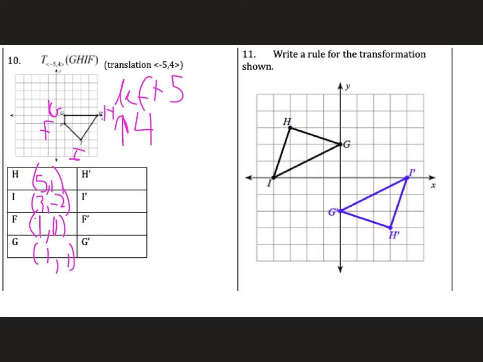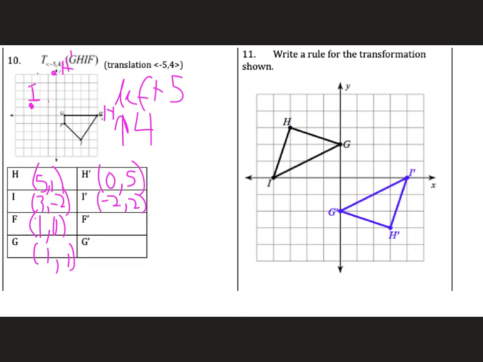So translation, 5 left and 4 up. 0, 5. 0, 5 is where H is going to go. Get rid of these. And then I is going to go negative 2, 2. Negative 2, 2 is right here.